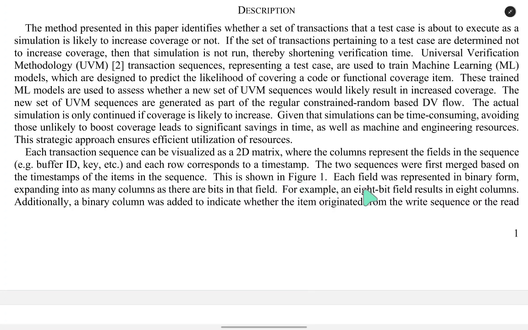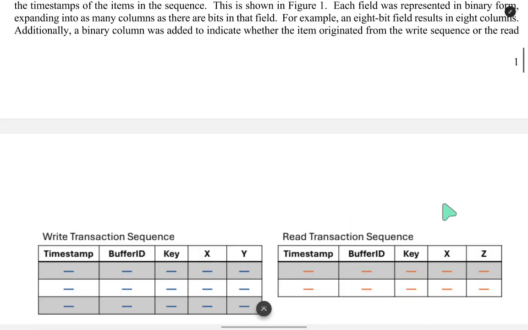For example, an 8-bit field results in 8 columns. Additionally, a binary column was added to indicate whether items originated from the write sequence or the read sequence.